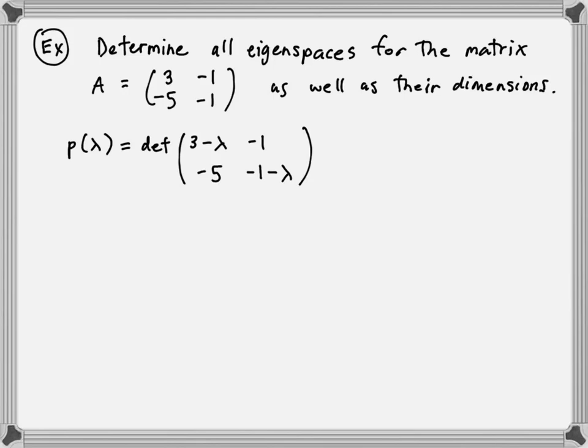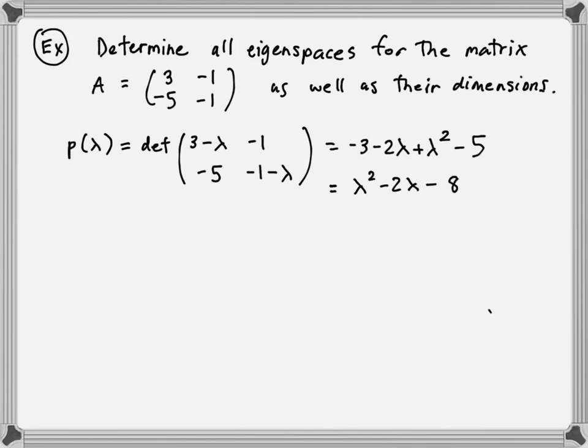So when you take the determinant of this, you get negative 3 minus 2 lambda plus lambda squared minus 5. Okay, because if you FOIL, that's what you get for the first guy, and then minus 5. Or, what is this equal to? This is the same as lambda squared minus 2 lambda minus 8.